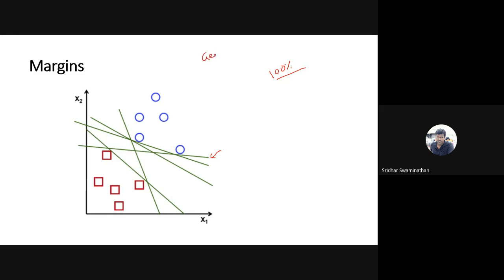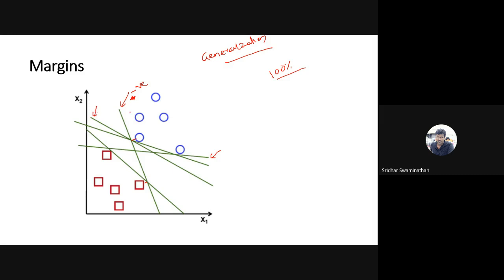What do we mean by generalization? Generalization means for an unknown sample, we have to give a prediction. That should be a proper prediction. So we can see that this model has a totally negative slope here, and this is doing a poor job because this sample is very close to this.